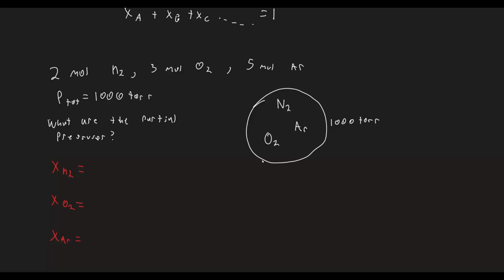So we know that we have 2 plus 3 plus 5, which equals 10 moles total. So we know that our total moles is 10. We know that we have the individual number of moles here for each of these as 2, 3, and 5.